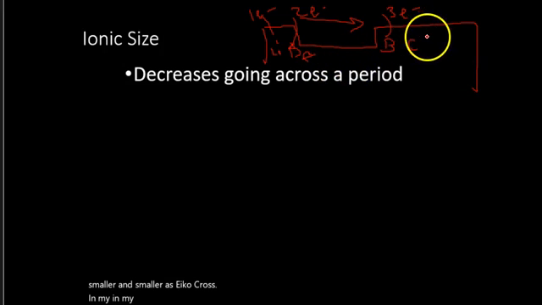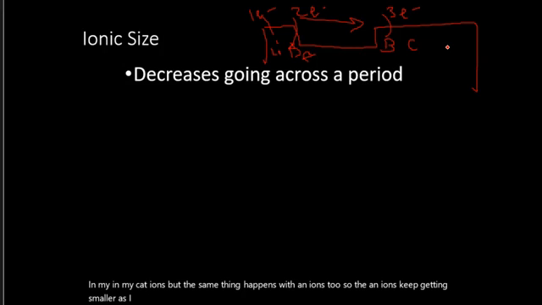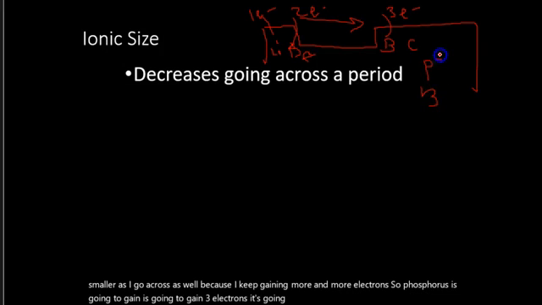But the same thing happens with anions too. The anions keep getting smaller as I go across as well, because I keep gaining fewer and fewer electrons. Phosphorus is going to gain 3 electrons. It has a -3 charge.